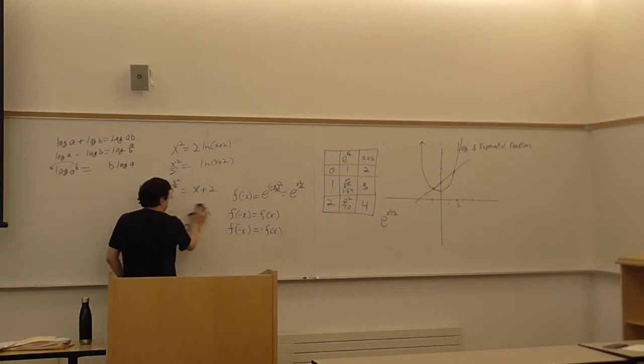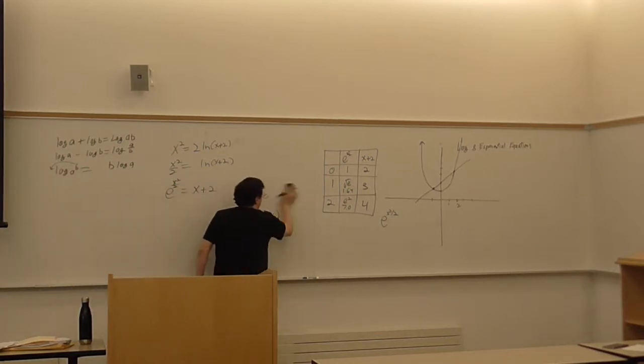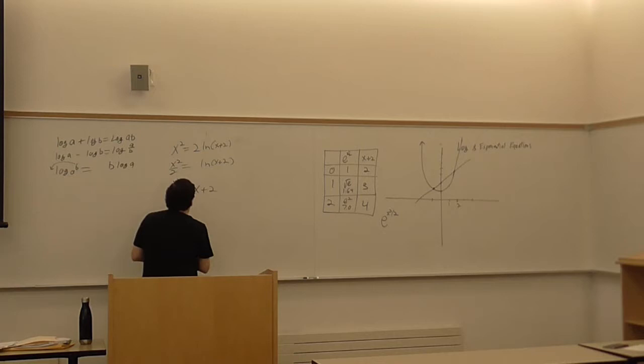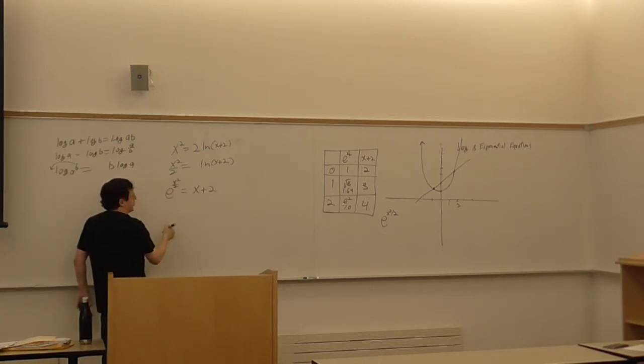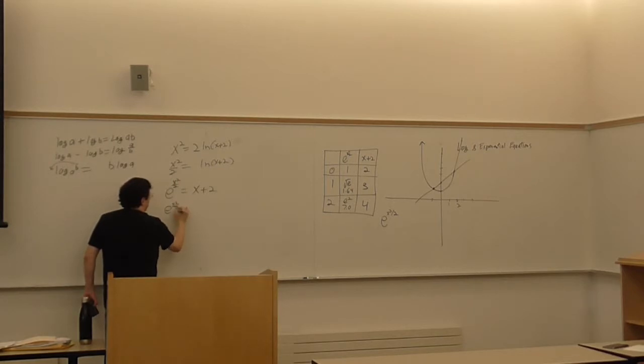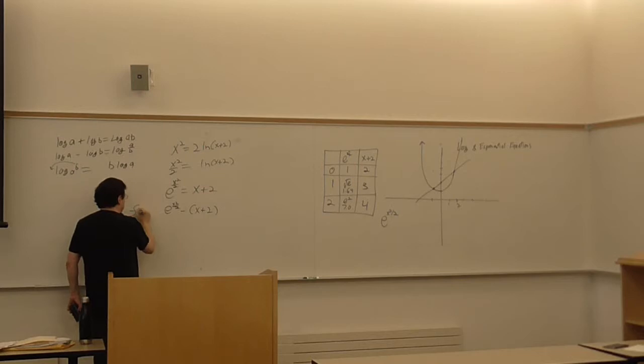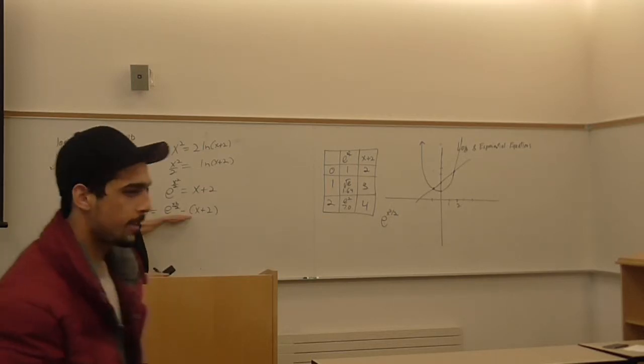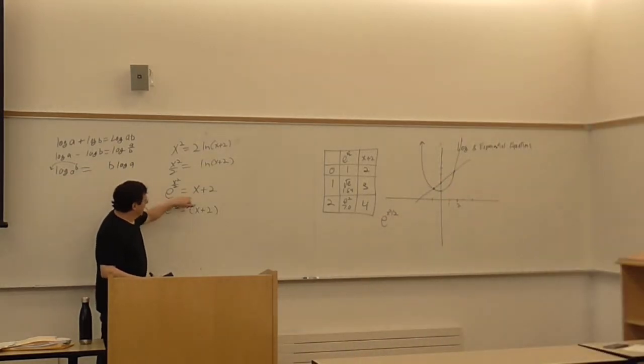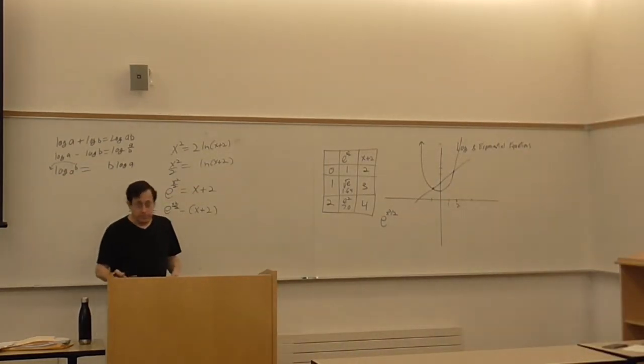The really obvious direct way to do it with the TI is to just write this as a single function, e^x squared over 2 minus x plus 2, and see where this is 0. Because wherever this is 0, this will be the case.